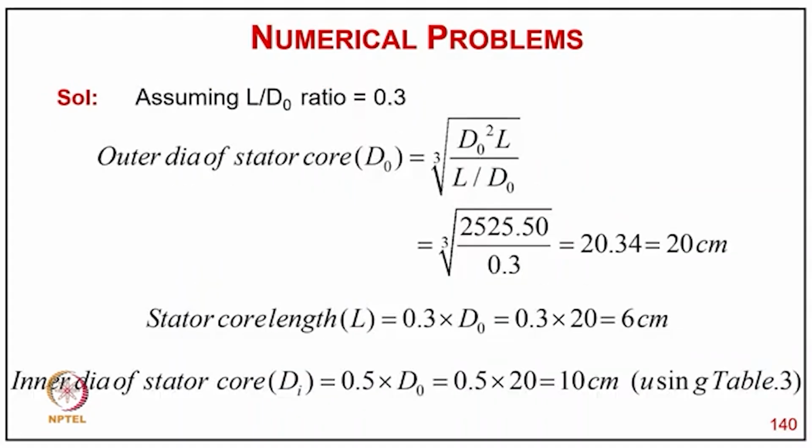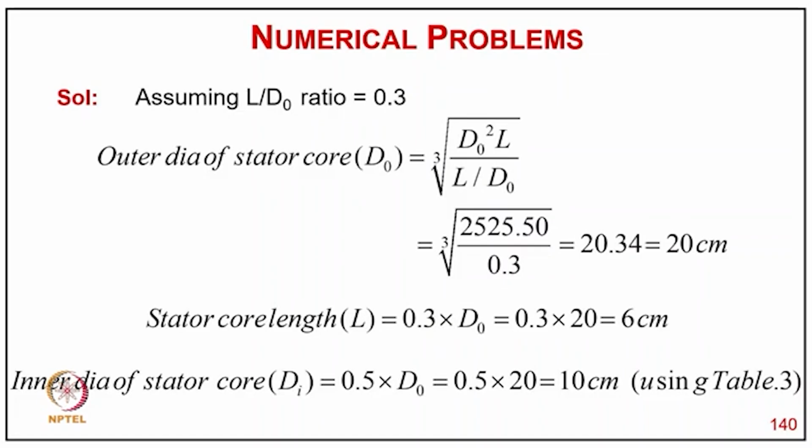So now taking a L upon D0 ratio 0.3, we can find out outside stator core diameter D0 equal to cube root of D0 square L upon D0, and putting value it comes 20.34 or 20 centimeter. So stator core length is 0.3 D0, that's typically 6 centimeter.